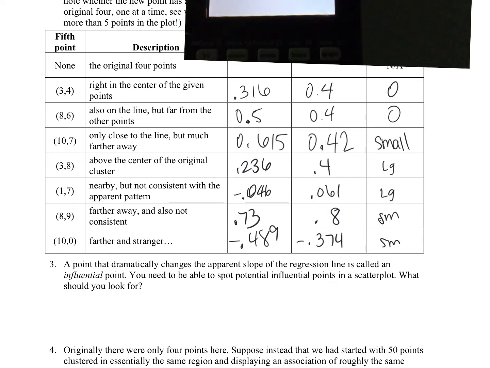Yes, some points that have large residuals will influence the R and the slope, but not always. So it's really how far away from the rest of the data it is, and then whether it is consistent or inconsistent with the original pattern. That's how it's going to influence the slope.